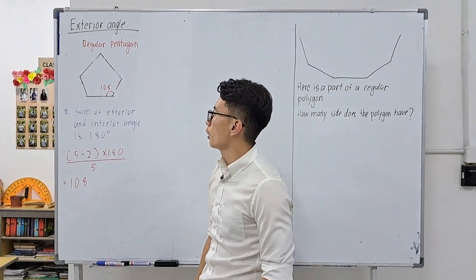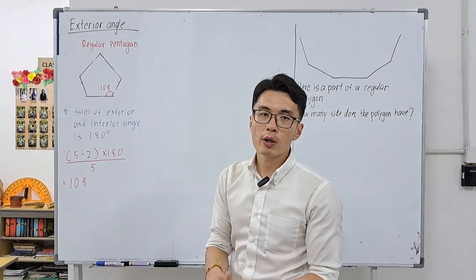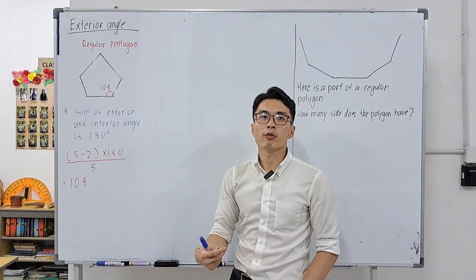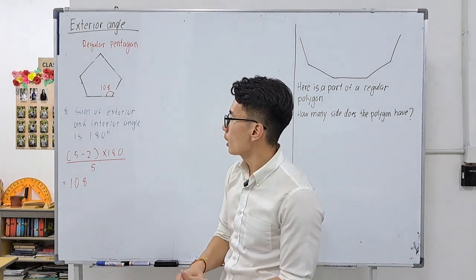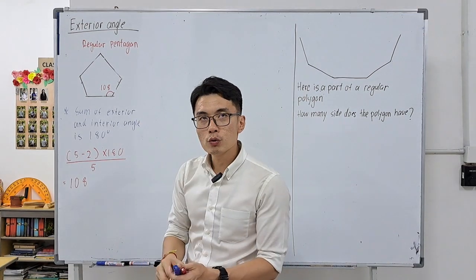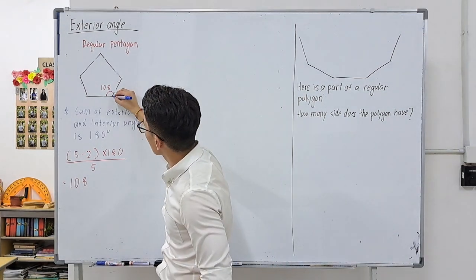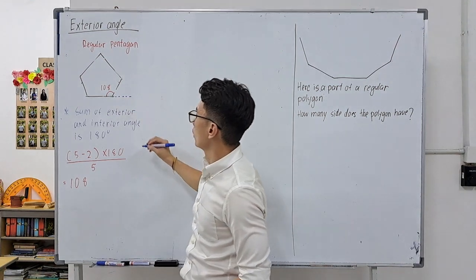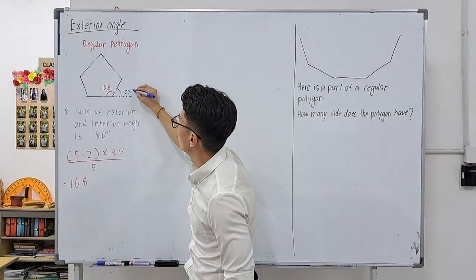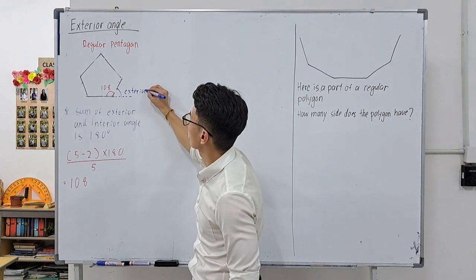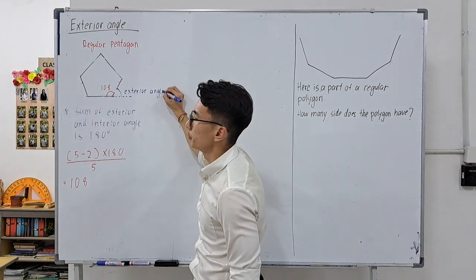Okay? Now, what do I have to do next? When you have an interior angle, you are able to find your exterior angle. So where's my exterior angle in this case? All you have to do is to extend your side. And this part over here, that is your exterior angle.